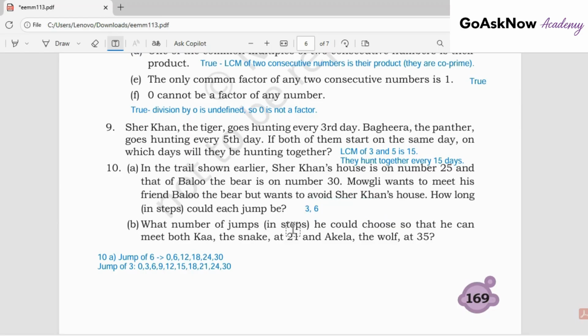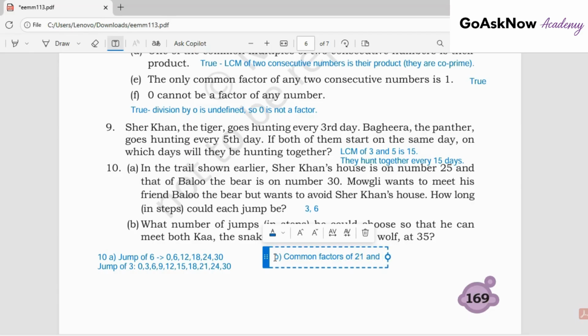Then what number of jumps could he choose so that he can meet both Kaa the snake at 21 and the wolf at 35? Let us calculate this one. For part B, the common factors of 21 and 35: for 21 the factors are 1, 3, 7, 21, and for 35, 1, 5, 7, 35.